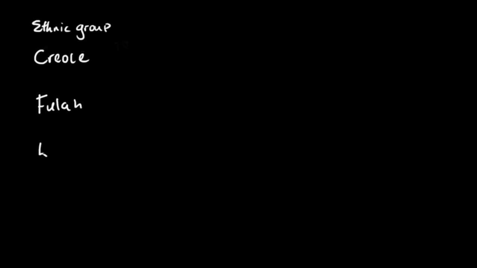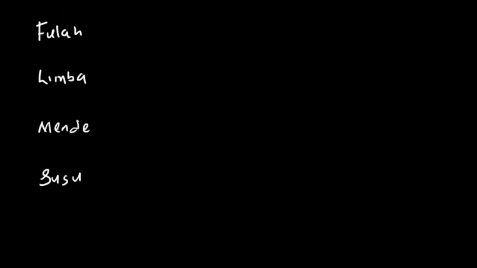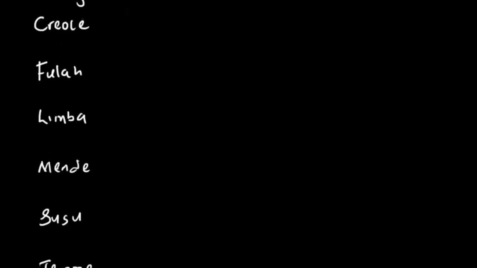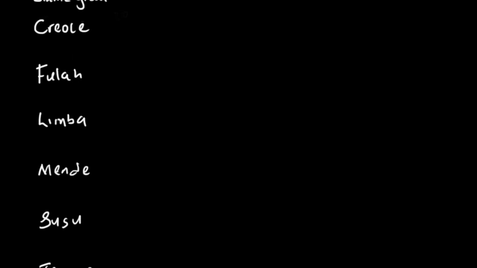Then we have Limba, and then we have Mende. Then we have Susu, followed by Teme. Then finally we have others. Do you understand this? We are just doing it this way to conserve space.